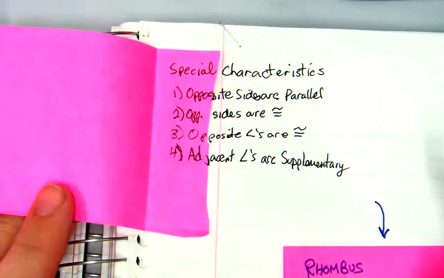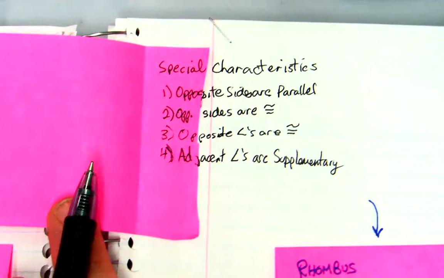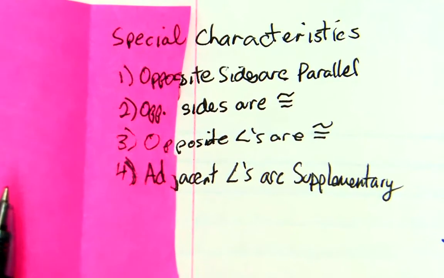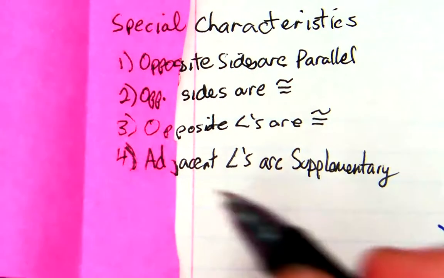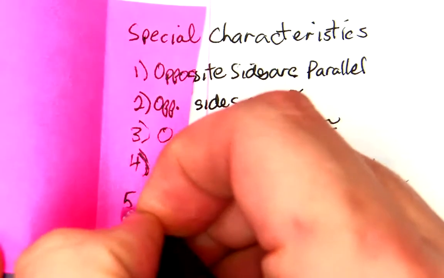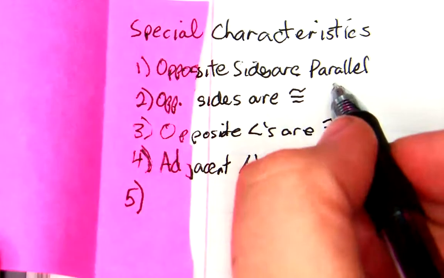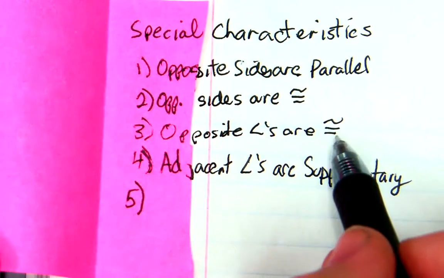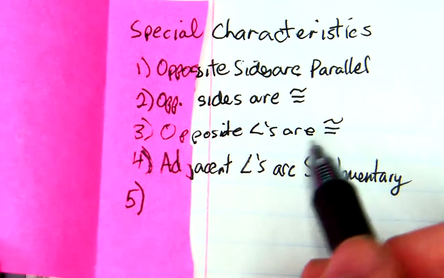Okay. I know, I went back. I was just making sure. So opposite sides parallel, opposite sides are congruent, opposite angles are congruent, because angles can't be parallel, that would be silly.